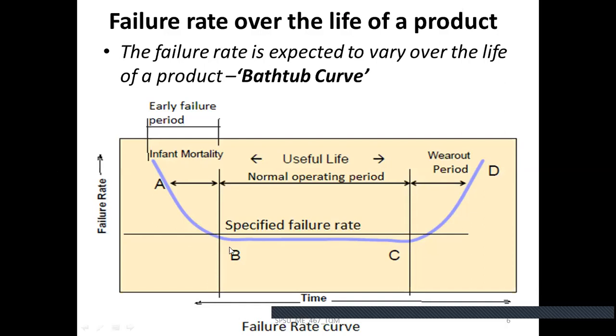The curve B to C shows that as you use the product, it has a constant life in this time period; it works successfully, with little chance of failure. In this period, the chance of failure is constant. And the curve C to D shows that in this period the chance of failure is increasing due to the wear of the part, due to corrosion, wear out, friction, etc.